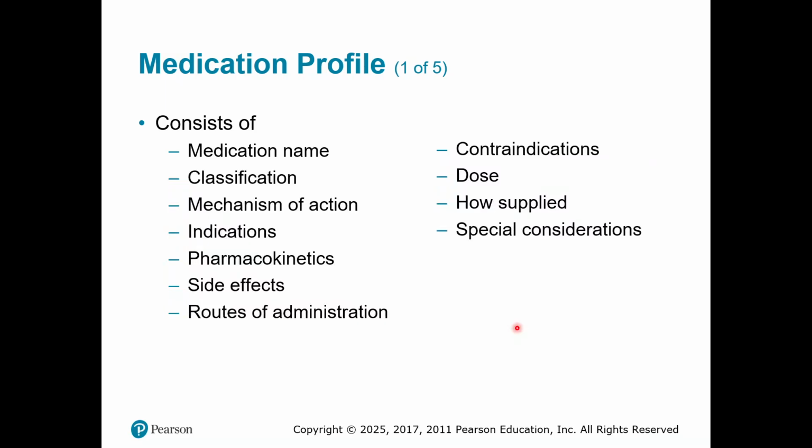Well, if they haven't had a GI bleed in the last 15 years and they're not actively bleeding, sometimes the consequences of what's happening to the patient may be worse than the risk. So relative contraindications are important too. The dose, how is it supplied? And are there any special considerations for the drug?